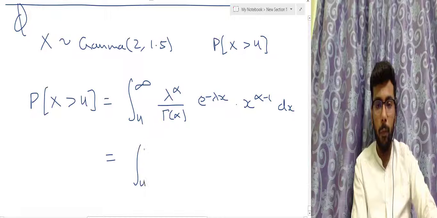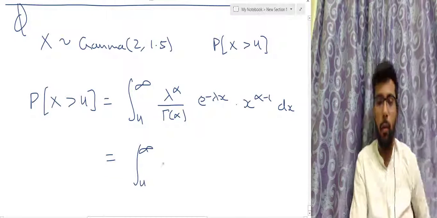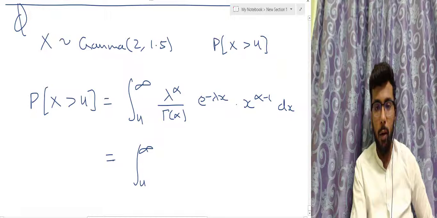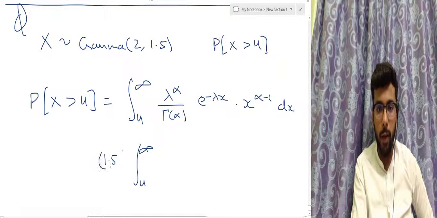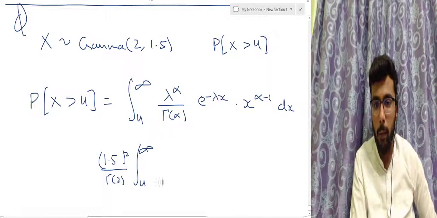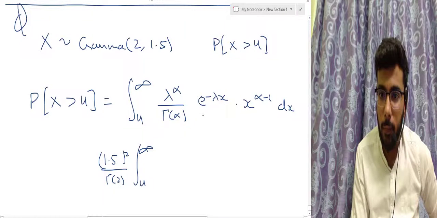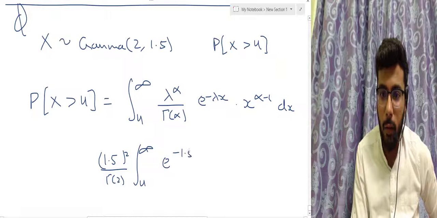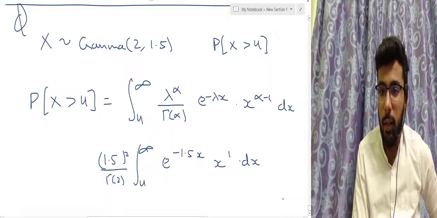Now putting in the values, going from 4 to infinity, I'll take these two terms outside. Lambda to the power of alpha becomes 1.5 squared upon gamma alpha, which is gamma of 2. And e to the power of minus 1.5x, and x to the power of alpha minus 1, so x to the power of 1 dx. That is what you will have.